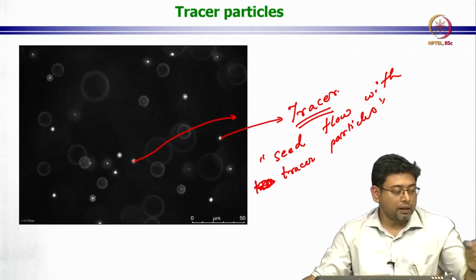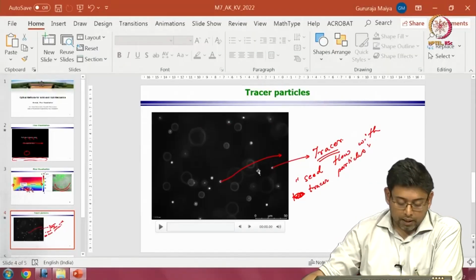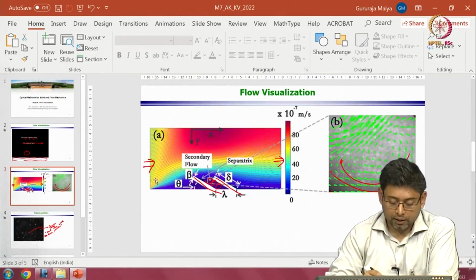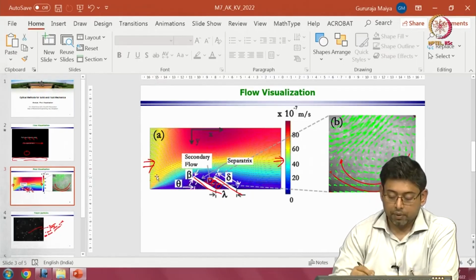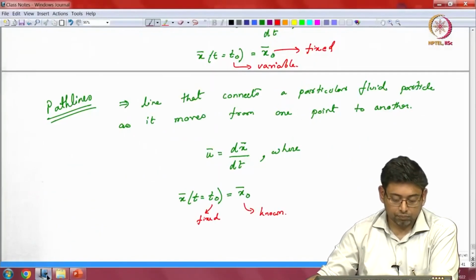Right. So, the path line is probably the most intuitive of them to understand, but the other more important flow visualization quantification is in terms of the streamlines, because they are very important and relevant in fluid mechanics.